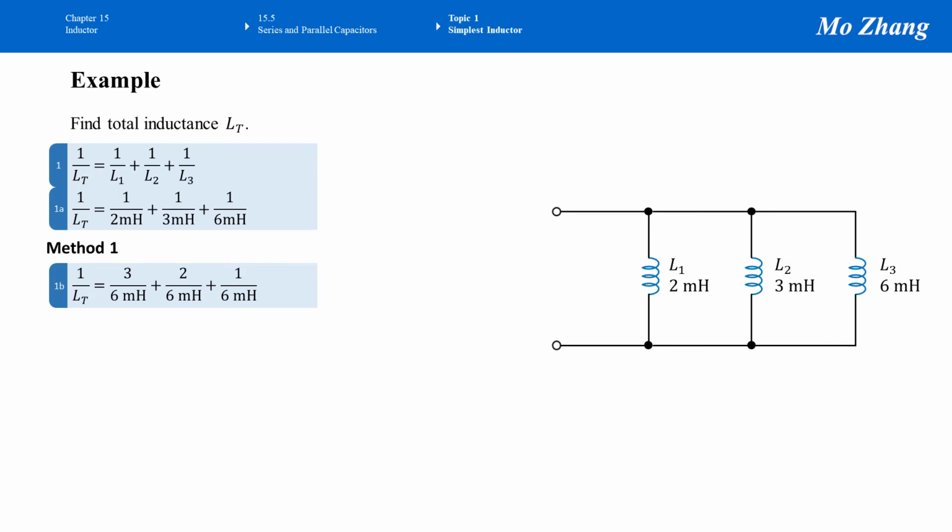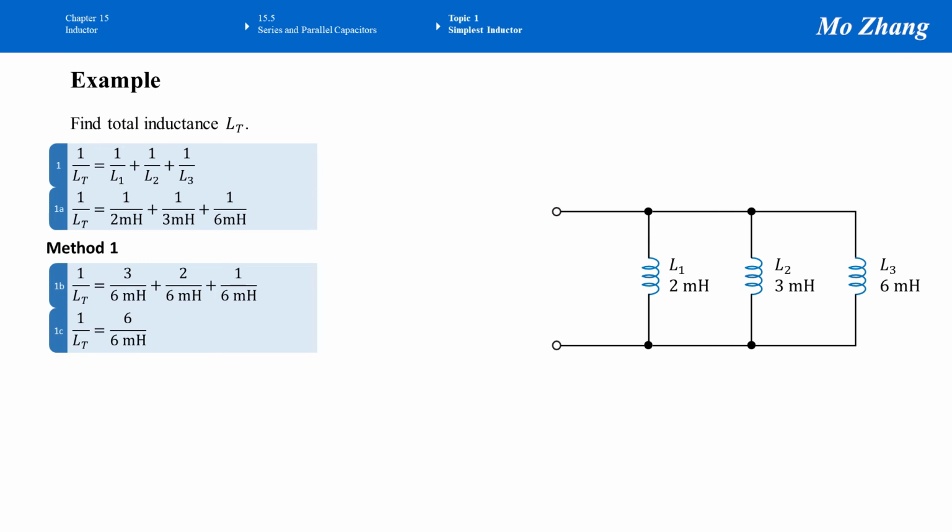First term is 3 over 6 millihenry. For the second term, to get the denominator 3 to 6, we multiply by 2, so we multiply the numerator by 2 as well. So the second term is 2 over 6 millihenry. For the third term, the denominator is 6 millihenry already, so no need to multiply anything.